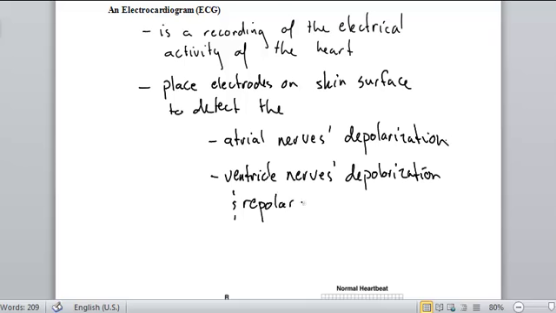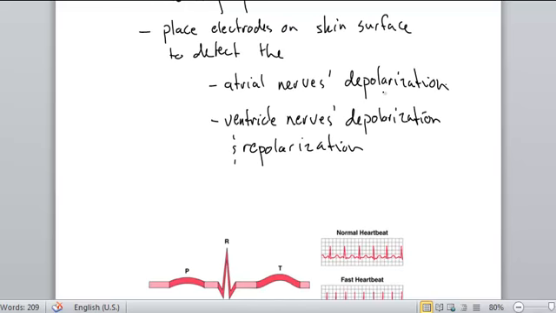And if you have a second to think about this and suddenly go, well, what about the atrial nerve repolarization? The electrodes can detect it, but the problem is it's occurring at the same time as the ventricle nerves are depolarizing, so the signal is masked by the depolarization of the ventricles, which is a much stronger impulse than the repolarization of the atria.